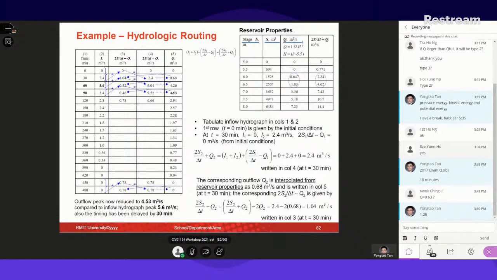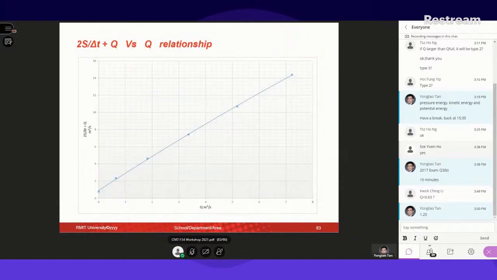So we can get 2S over delta t plus Q. We list all this in the table, and we can also draw a graph between Q and 2S over delta t plus Q.